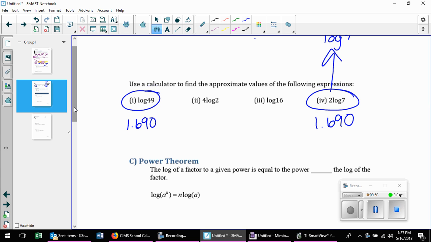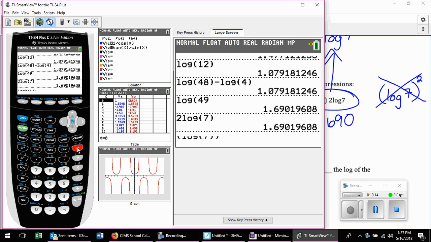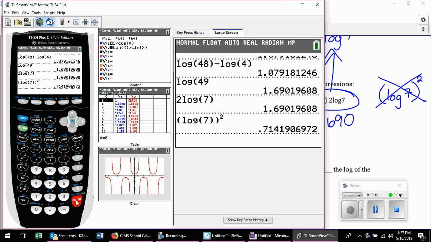I think what I'm interpreting you're saying is you do this. And that's wrong. If I did that in my calculator, no. You're evaluating just the argument, not the entire law.